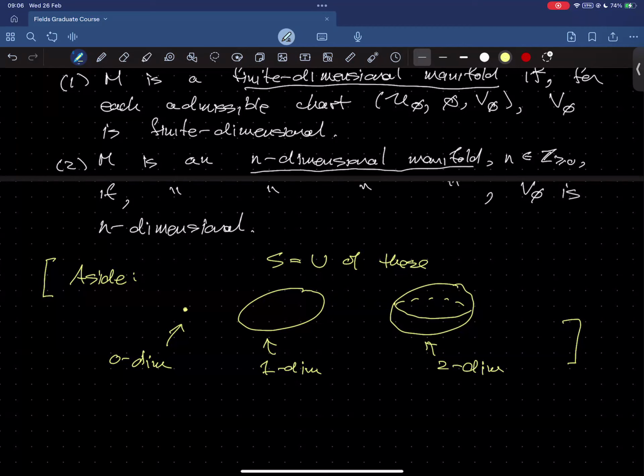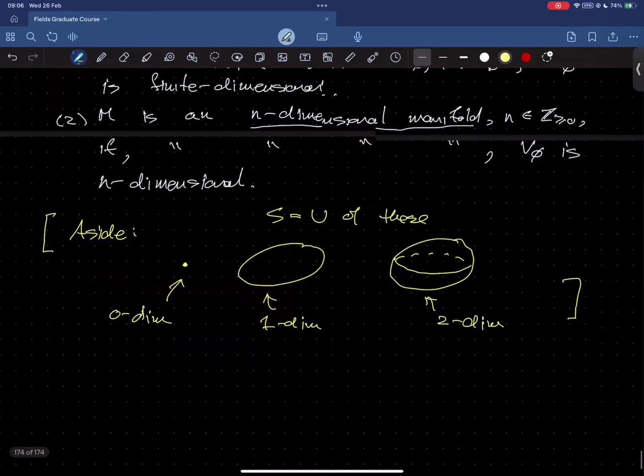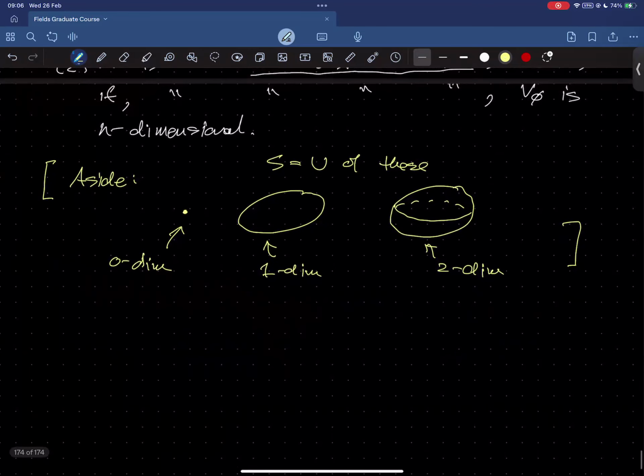In other words, what I'm saying is that the manifold is a union of its various dimensional components, and that will always be the case. You're never going to have a case where one component is one and two dimensional. They're always going to be separate, and by separate I mean disconnected.